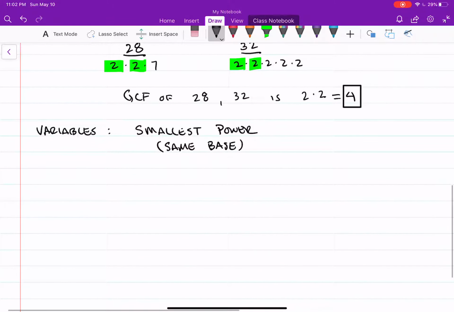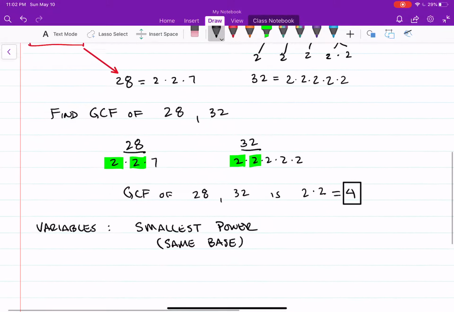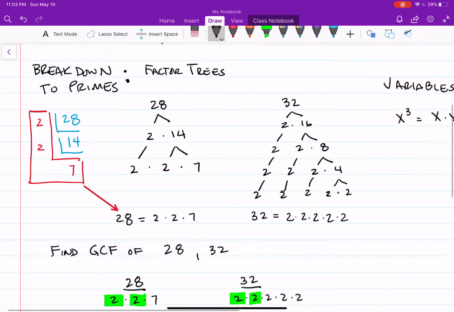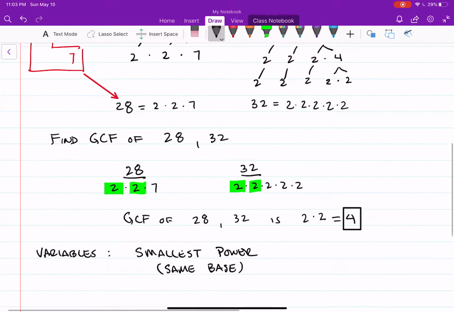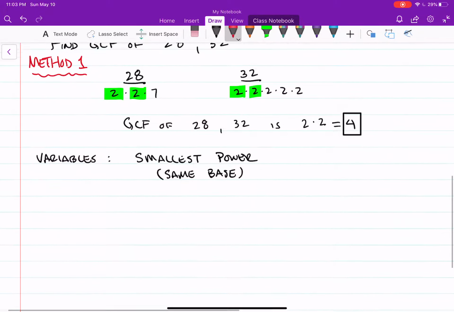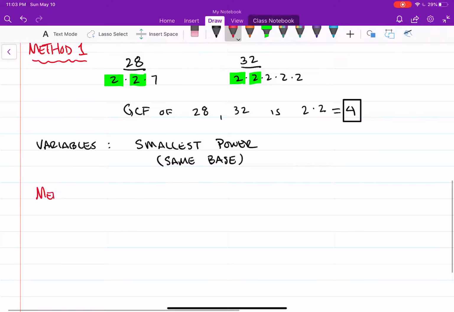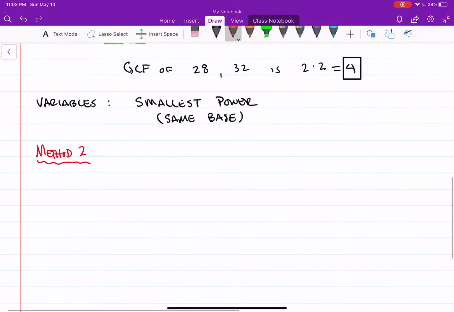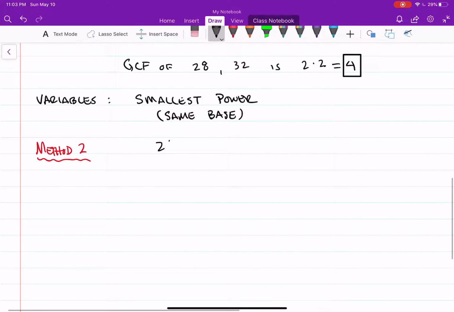So if I was to break 28 down to factors, let's call this method 1. And let's talk about method 2. Okay, method 2 is that you can say, let me find the factors of 28. 28 is 1 times 28, 2 times 14.